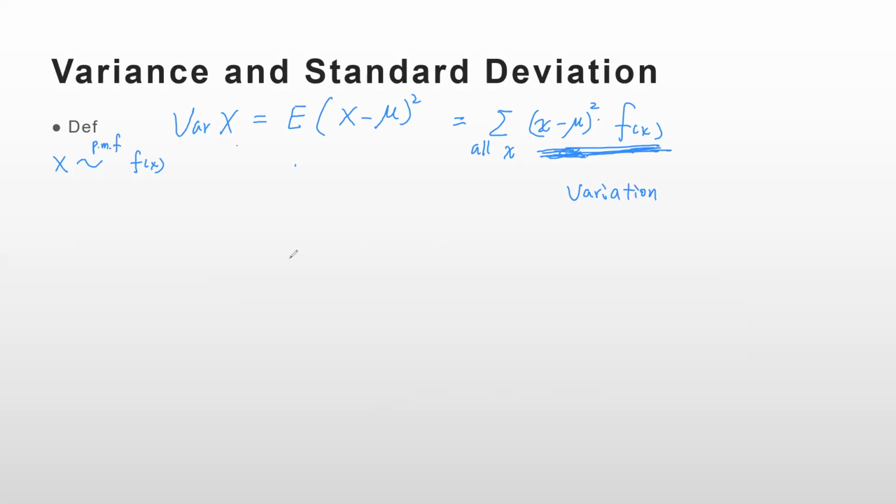Even though we're talking about discrete distributions, I'm going to use a curve to describe a distribution. You have a distribution like this versus like that. We can tell that this one has a larger variance, and this one has a smaller variance.